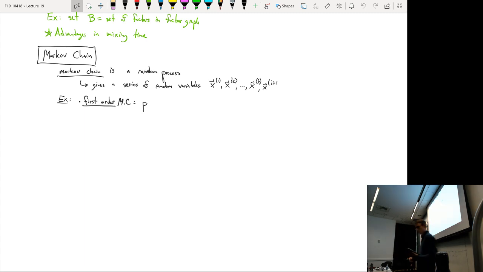So here, a first order Markov process says we have the probability of x^i given all of the variables up to i, so that would be x^(i-1) all the way down to x^1, that is defined to be equal to the probability of just x^i given x^(i-1).